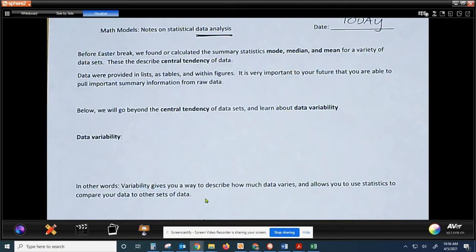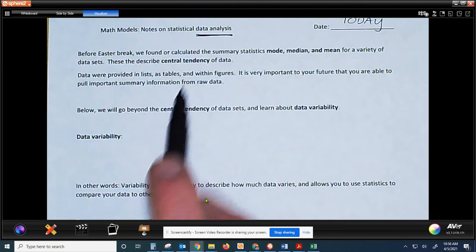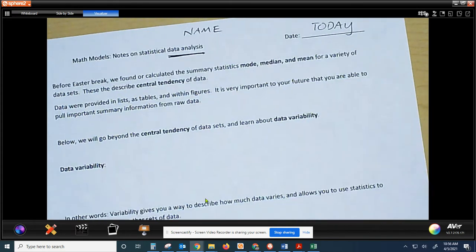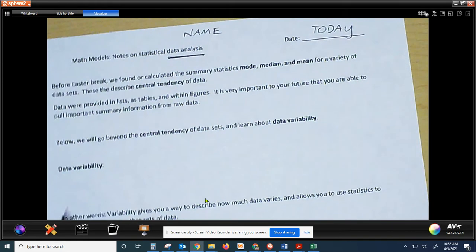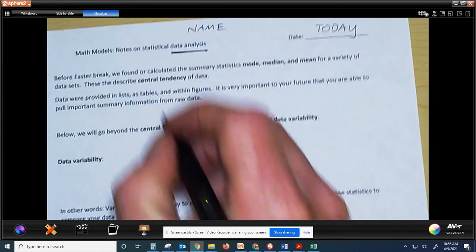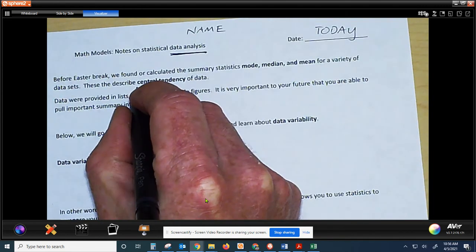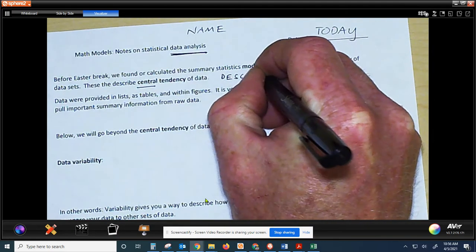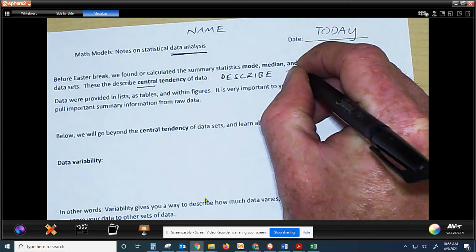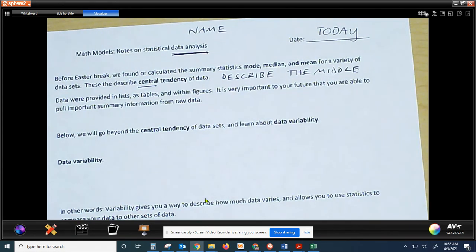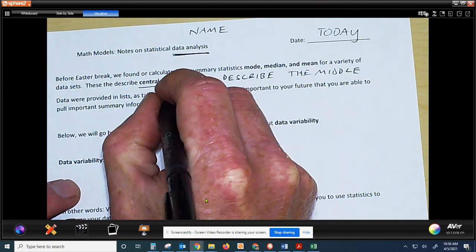Just before Easter break, we calculated the summary statistics, mode, median, and mean for a variety of data sets, and they describe the central tendency of the data. Central tendency is just what you think of it. They describe the middle. So I'm adding that as a note. Central tendency describes the middle of the data.